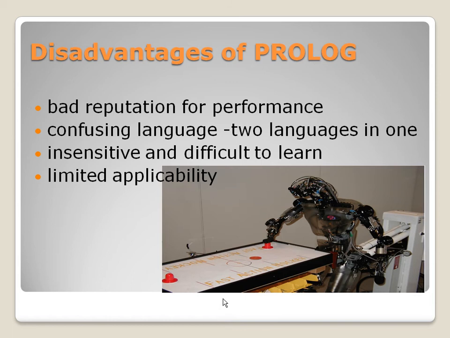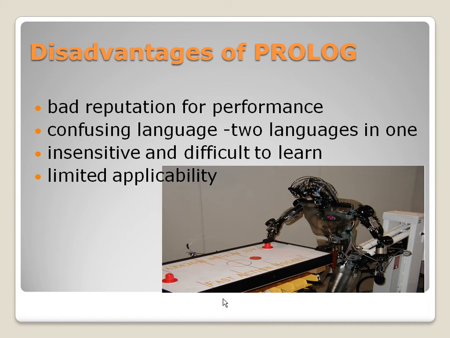Even though there are several advantages as we discussed in the above slides, these two languages have several disadvantages also. The disadvantages of Prolog are bad reputation for performance, confusing language, two languages in one, insensitive and difficult to learn.